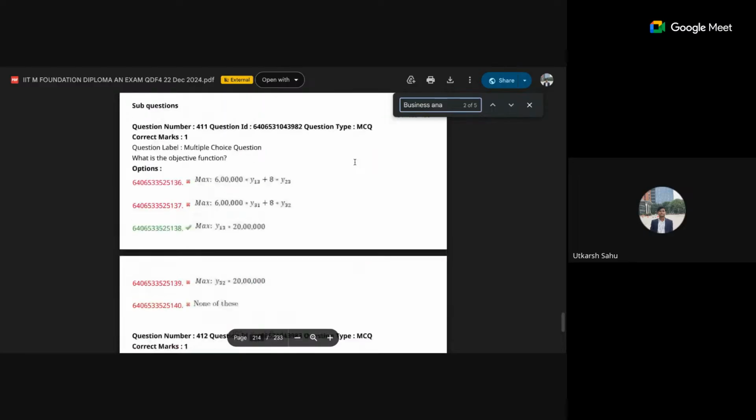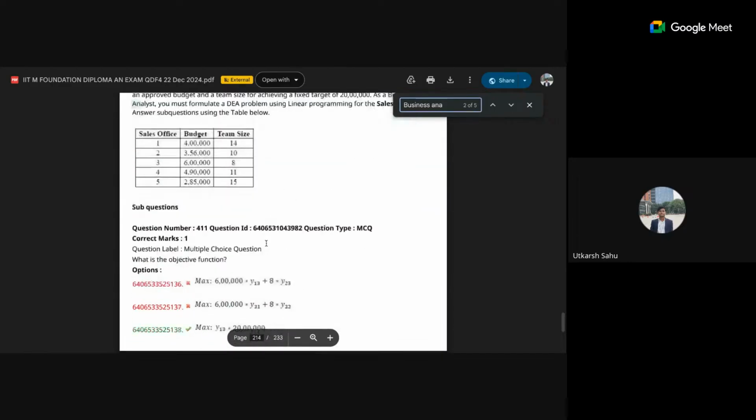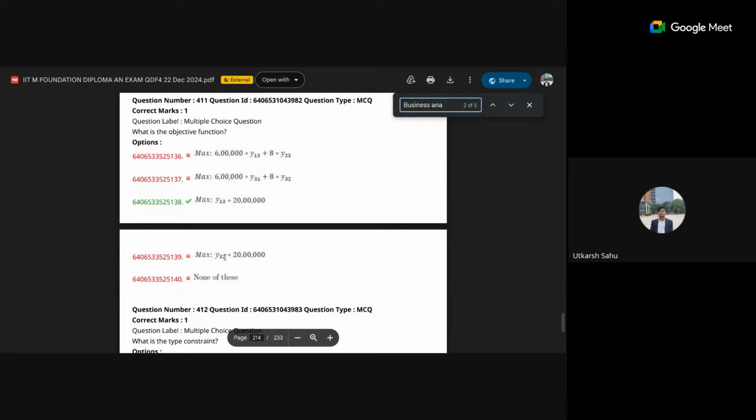We were talking about the 3rd office. That is why this one, y_32, is wrong, because y_32 is telling us the third output and second DMU. So we were talking about the 3rd office, therefore the second part of the y subscript should be 3, like this. This tells me the weight of the first output of the 3rd DMU.